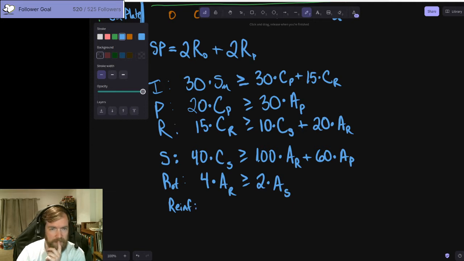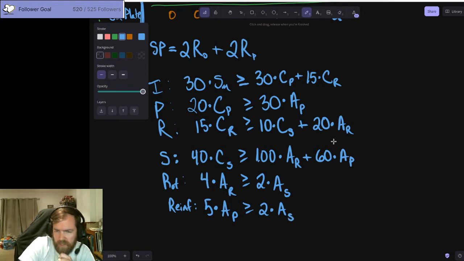Reinforced plating is created at a rate of 5 per minute. Must be greater than or equal to, again, 2 times the number of assemblers we get for smart plate.